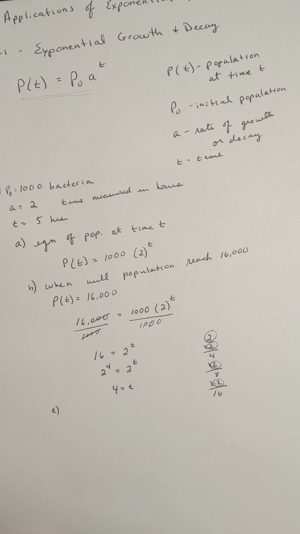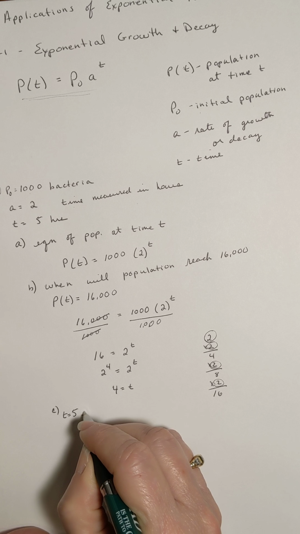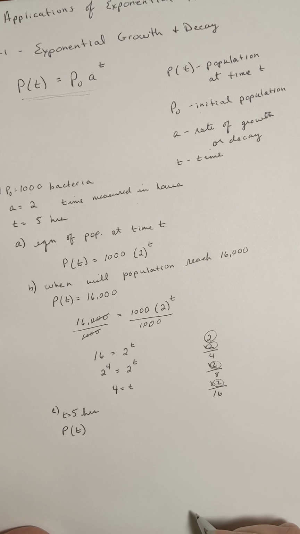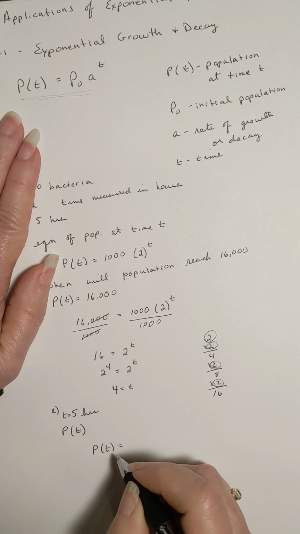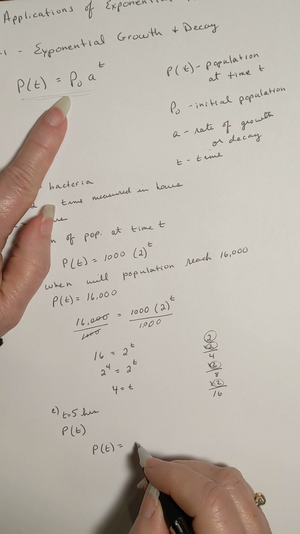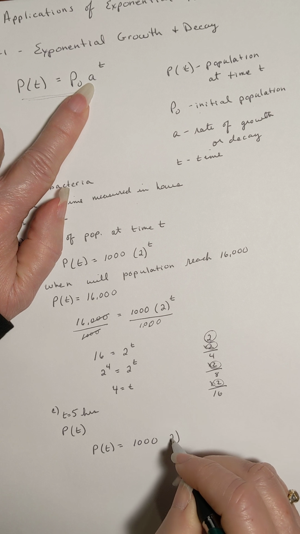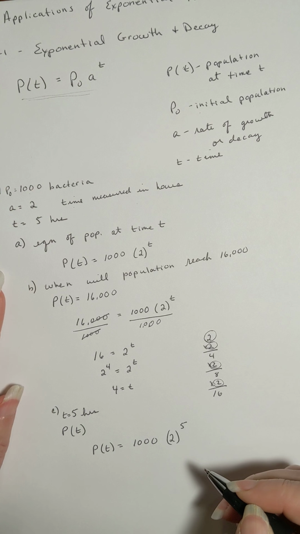And then the last part of the question says, how many bacteria would there be after 5 hours? So here I'm going to let t equal 5 hours. And we're looking for what is P of t. So here, P of t would be equal to 1,000, which is our initial value. And then we know that this is 2. And here they're telling me that my time is 5 hours.